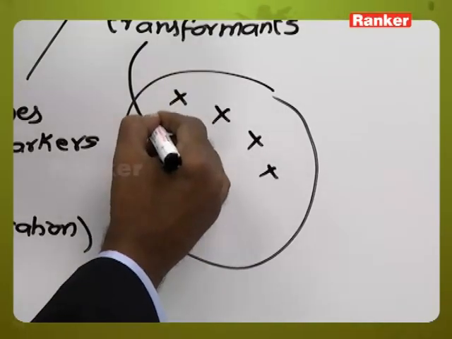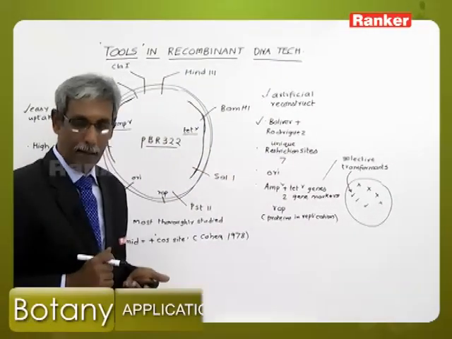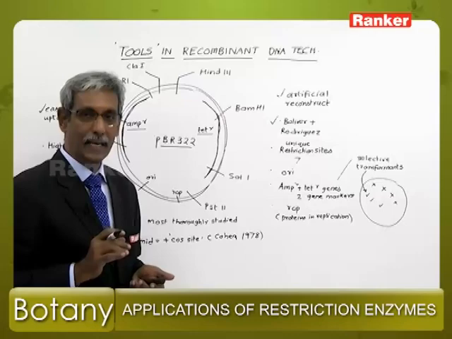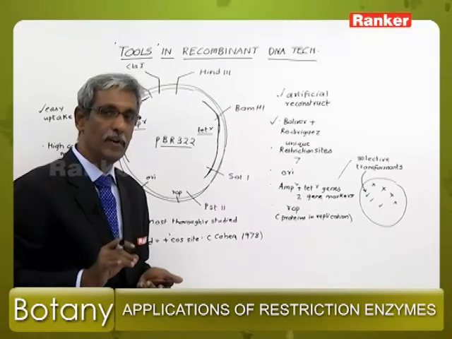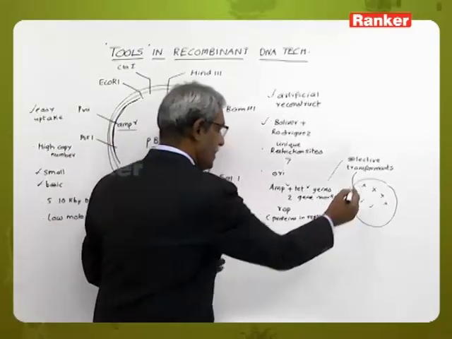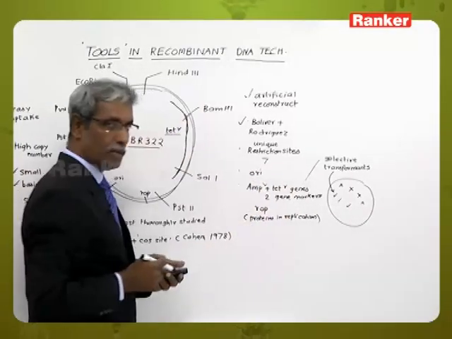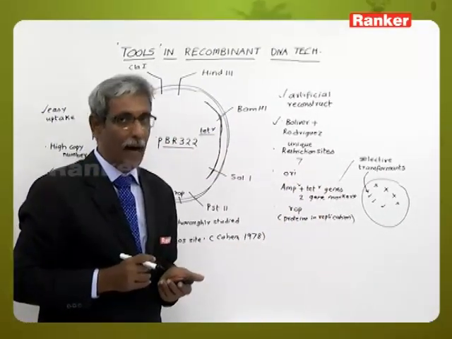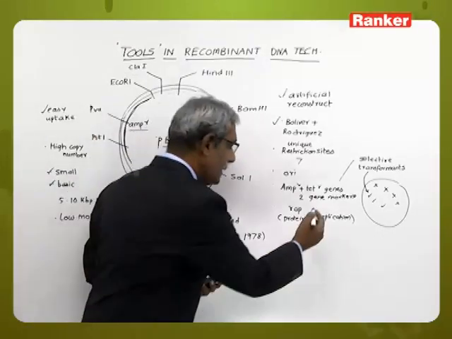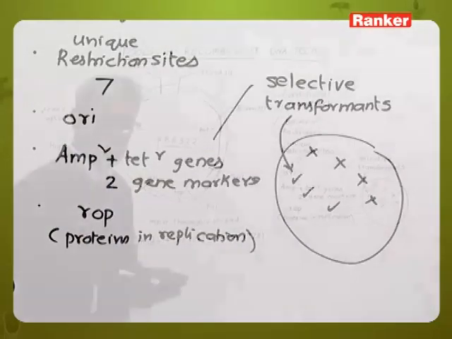The transformed cells will have the alien DNA, a foreign gene of interest. All transformed cells will show the properties of AmpR and TetR. Thereby, they are termed as gene markers.